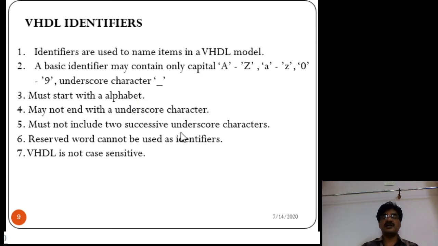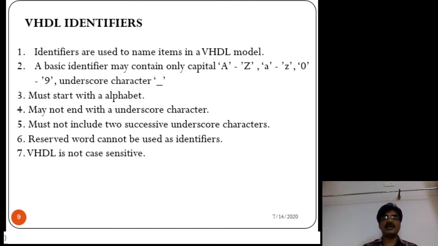And 2 successive underscores you should not use, and you can't use reserved words or keywords as identifiers. Reserved words means, as we have already seen while writing the entity for the half adder, or in the syntax itself, some words like entity, is, port, end, etc. are already used in the language.